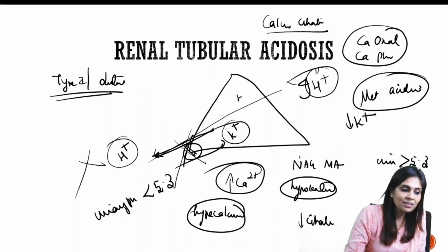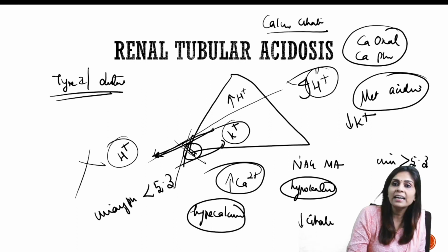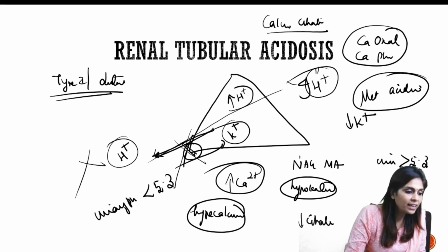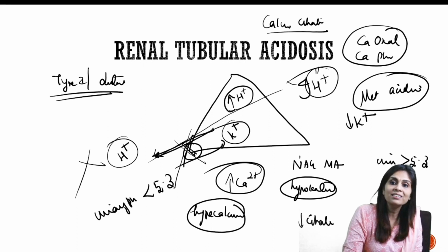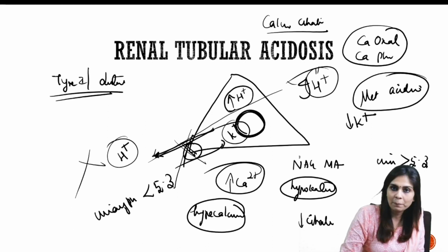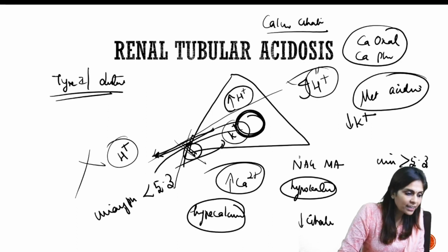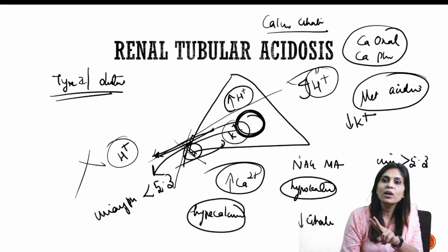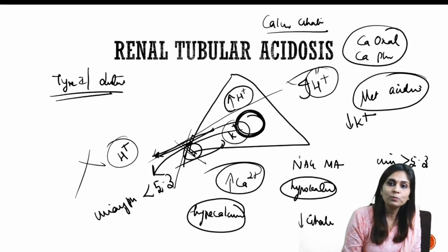So intracellularly the H plus concentration is high, and this high H plus within the cell stimulates the citric acid cycle. So citrate gets utilized within the cell and citrate is not getting into the urine. Another reason for hypocitraturia. And hypokalemia also increases citrate utilization within the cell.